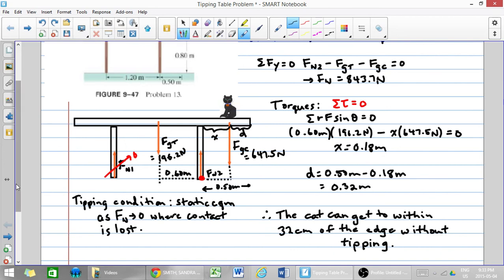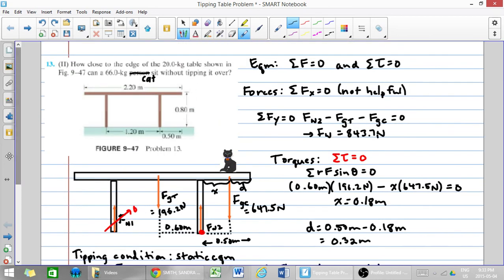Okay, so to sum up, we followed our framework for static equilibrium problems where we set the forces equal to 0 and the torques equal to 0, then went to the x and y components of the forces. This situation had no x components.